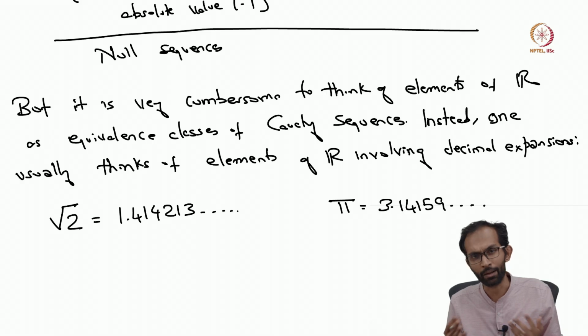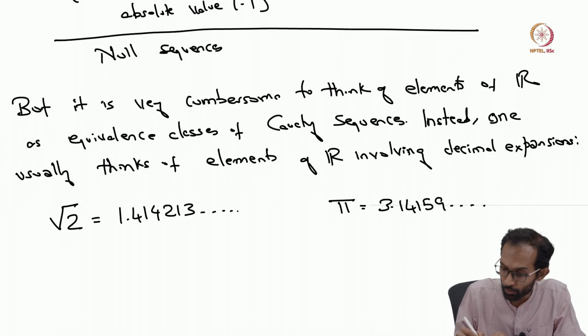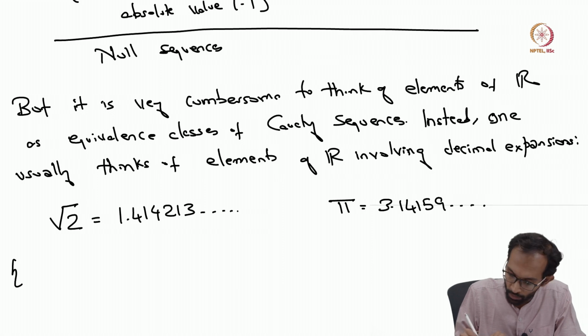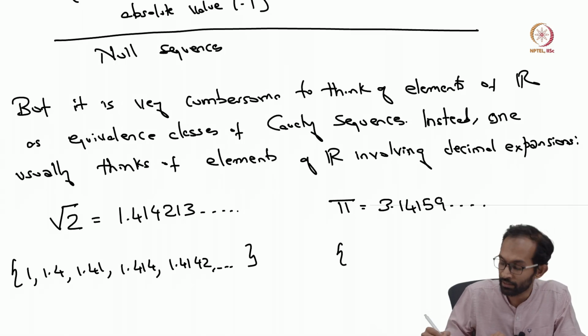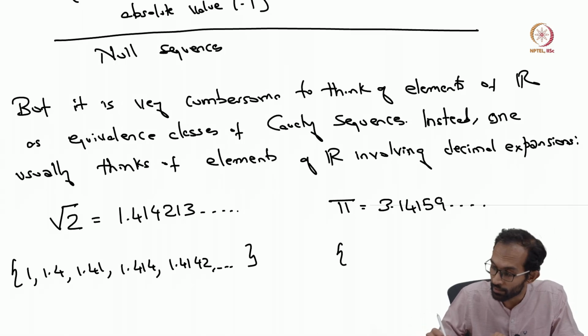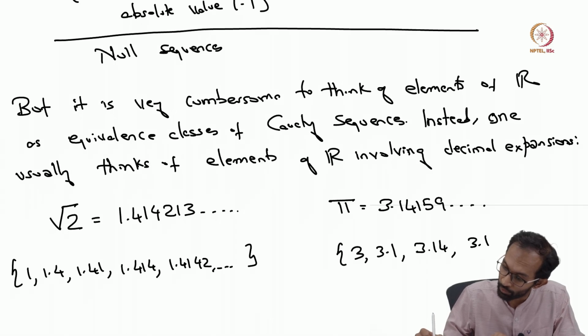Instead of just thinking of an arbitrary Cauchy sequence to represent elements of R, for square root 2, for example, you think of 1, 1.4, 1.41, 1.414, 1.4142, and so on. And similarly for pi, the Cauchy sequence that you want to consider is 3, 3.1, 3.14, 3.141, and so on.